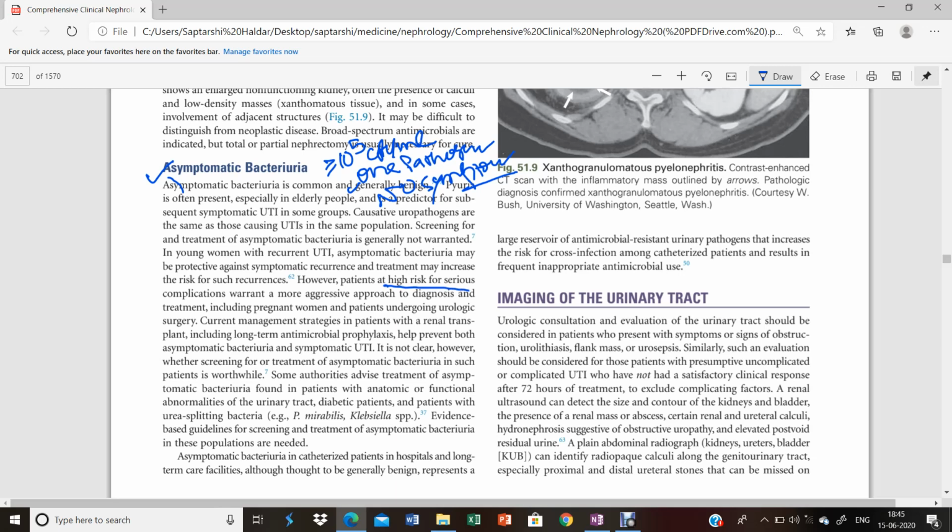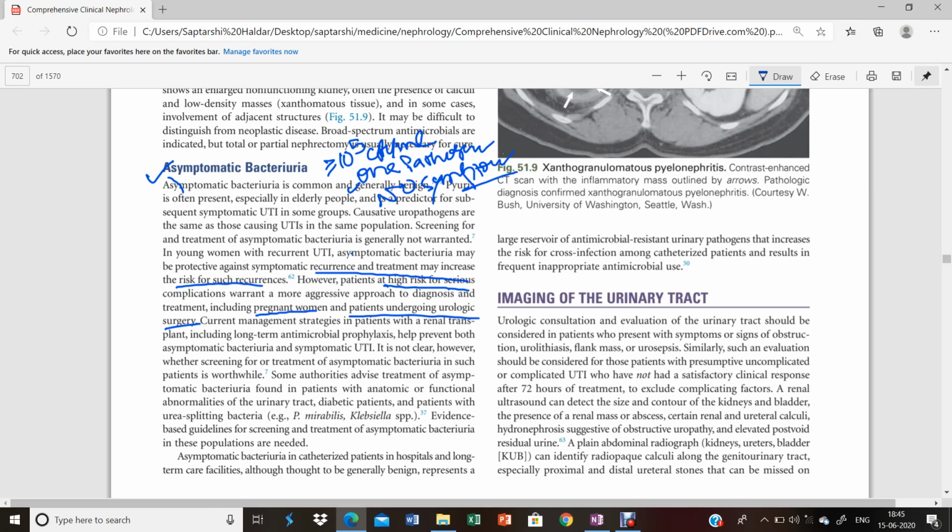Usually in asymptomatic bacteriuria we do not prefer treatment, because treatment may increase the risk of recurrence and of UTI. So usually we do not treat this type of patient. We only treat high risk patients, like a pregnant woman or a patient undergoing any urological surgery.